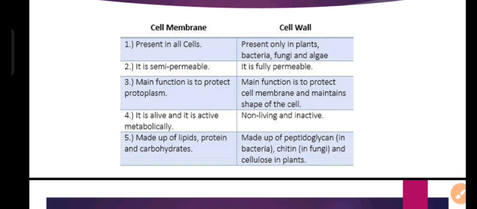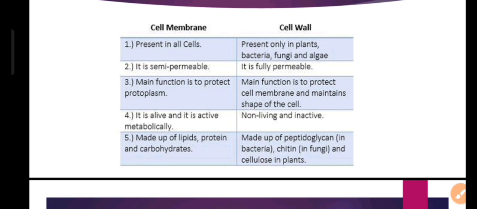The main function of the cell membrane is to protect the protoplasm, and the main function of the cell wall is to protect the cell membrane and maintain the shape and structure of the cell.